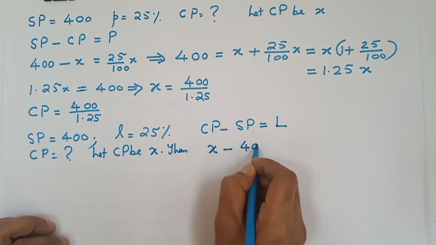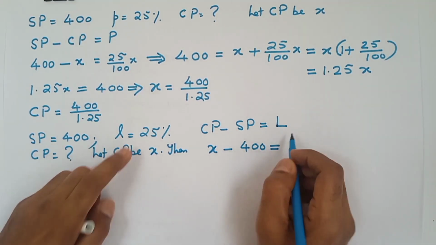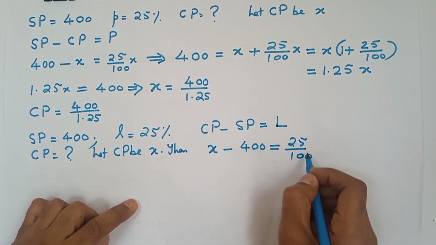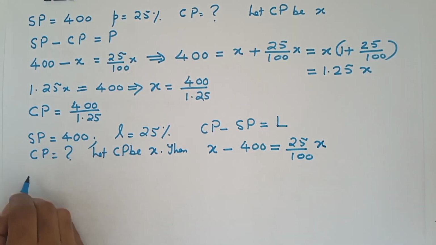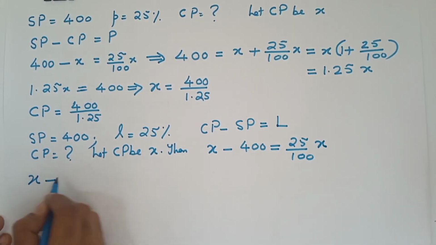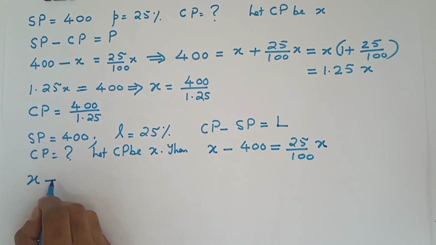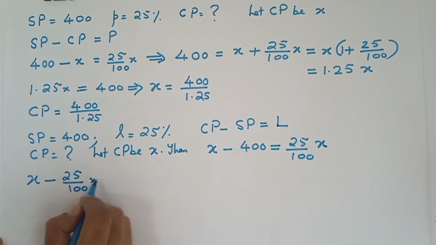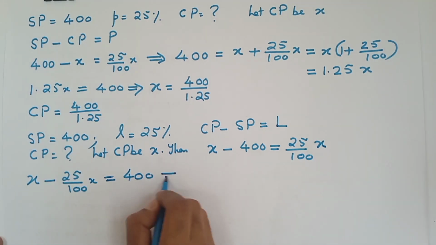SP given to be 400. And how do you get absolute loss? From the loss percentage, you take so much percentage of what? CP, which is assumed to be X. Take X to the left side. I mean, X is already there. This 25 by 100 X. So it will be minus. And 400 to the right side.